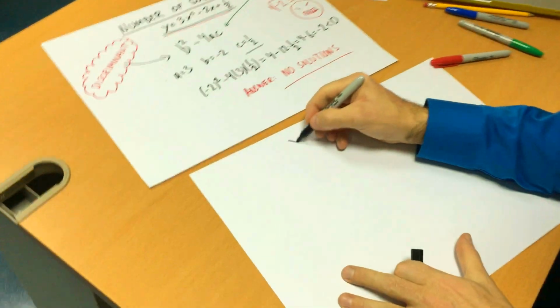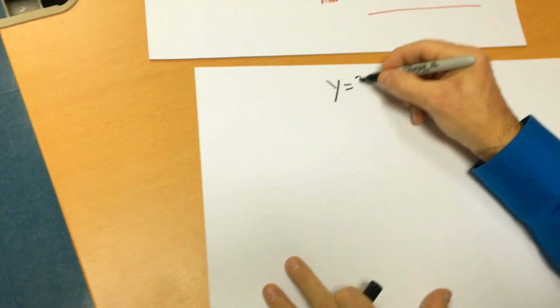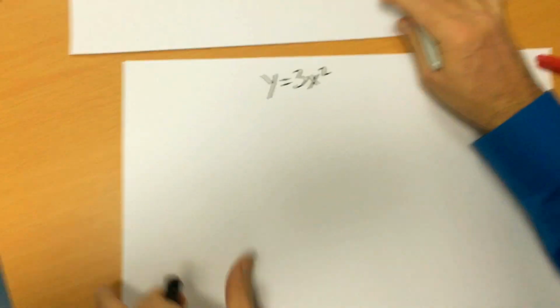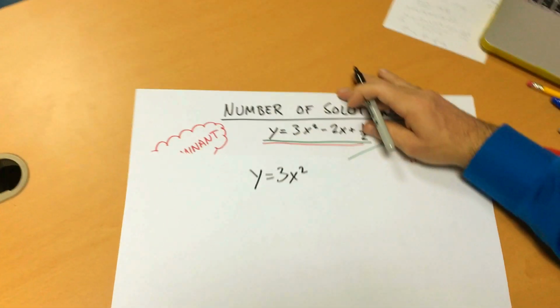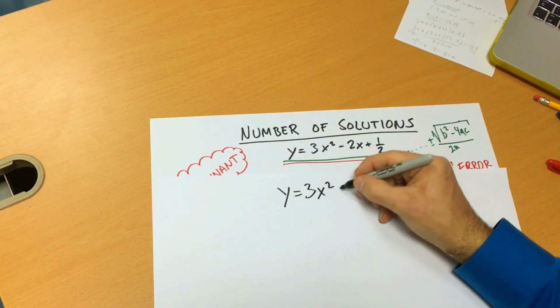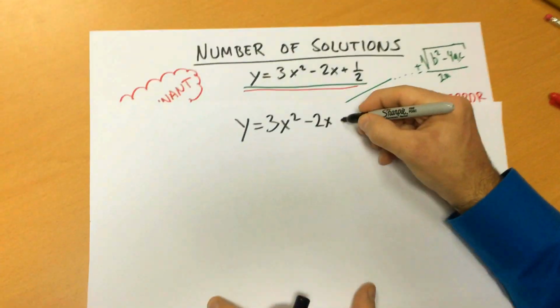Let's do the same equation, y equal to 3x squared, same example as we had before, minus 2x, but now I'm just going to add a c.